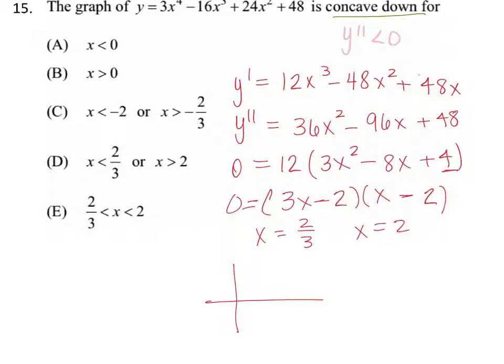Notice that the leading coefficient is positive, so the parabola is going to be turned upward. And these two values, this is where we're crossing the x-axis. So a rough sketch here, there's y double prime. Here's 2 and 2/3. So notice that this graph is negative between 2/3 and 2. So that's going to give us answer choice E.